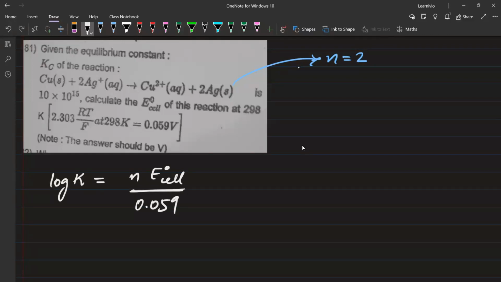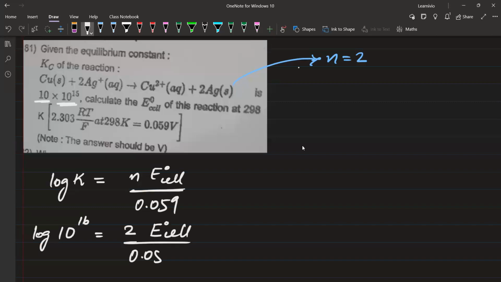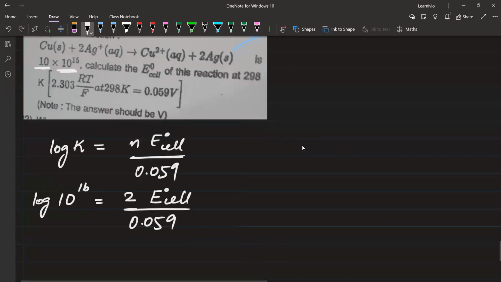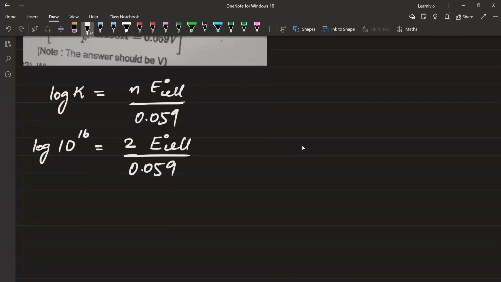Pay attention. What is K? Log K, and what is K? 10 to the power 10 into 10 to the power 15. That means 10 to the power 16. It is equal to, what is n? 2. What is E naught cell? That we have to find out. E naught cell divided by 0.059. Now E naught cell will come out easily, right? What will be the value of log 10 to the power 16? 10 to the power how much is equal to 10 to the 16?